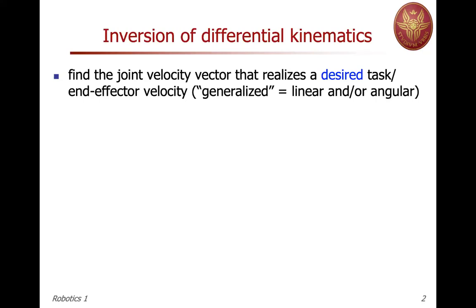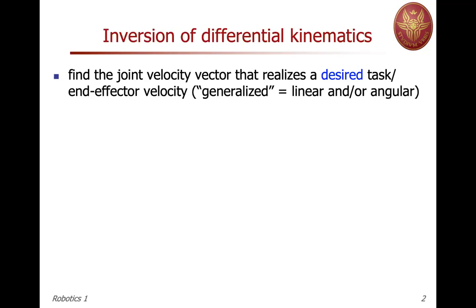For instance, in the planar case, we could have two components which are linear velocity in the plane xy, and one component which is an angular velocity, a scalar, around an axis which is normal to the plane. So we have three components, or just two, or six components, or m components in general of a mixed type. So, generalized velocity, but from now on, I will skip this generalized adjective.